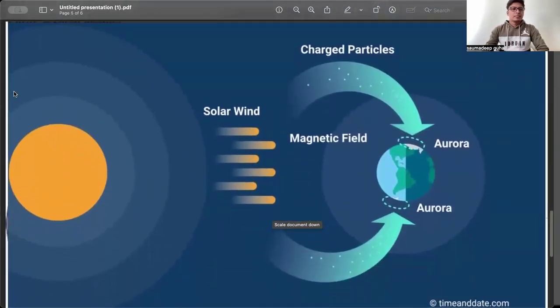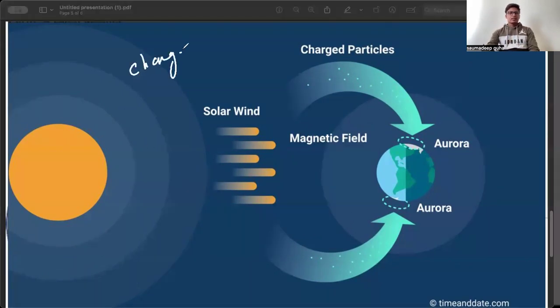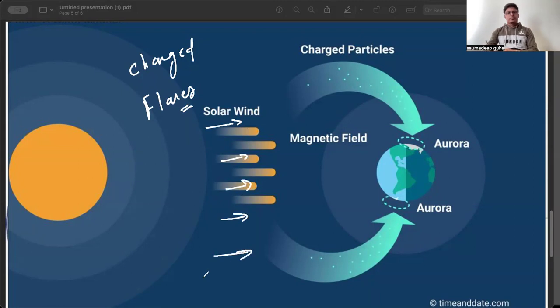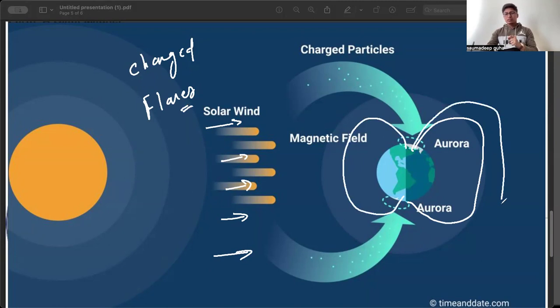See, this is the main answer to your question. What happens is solar flares, basically we can say charged particles. Generally, we call them solar flares. That's what causes disruption in our communication technologies also. So solar flares tend to rush towards Earth. Now, due to the nature of the magnetic field like this, let us assume it to be like this. It's not a very good drawing, I know.